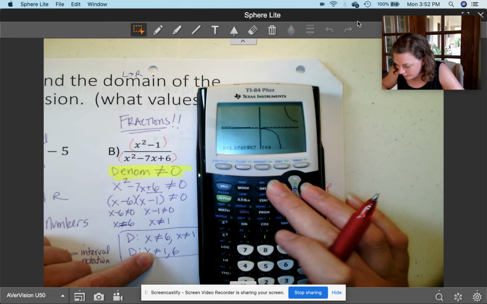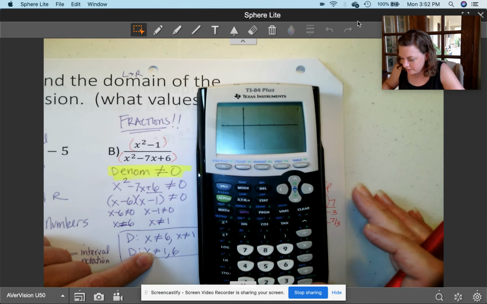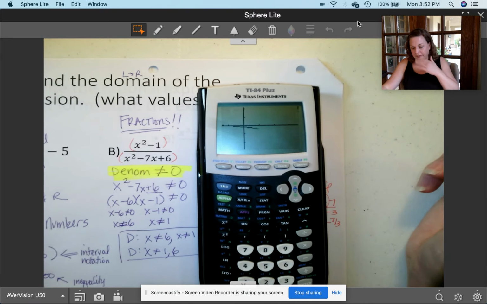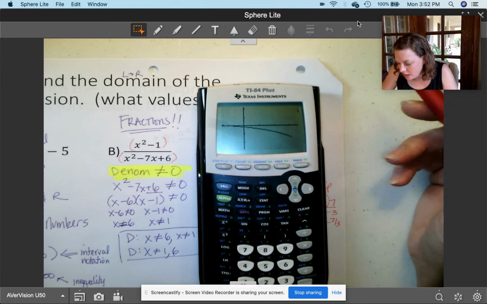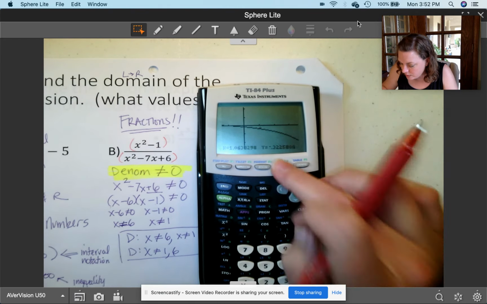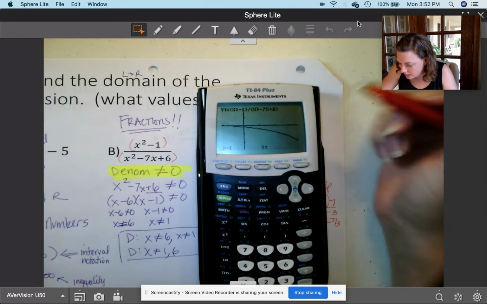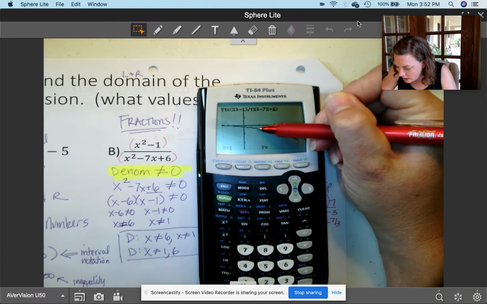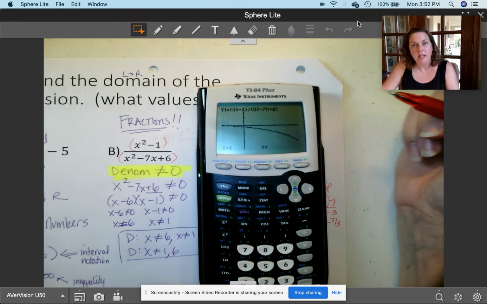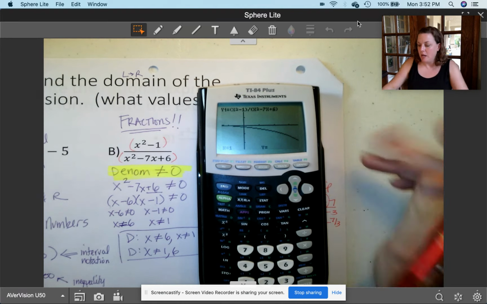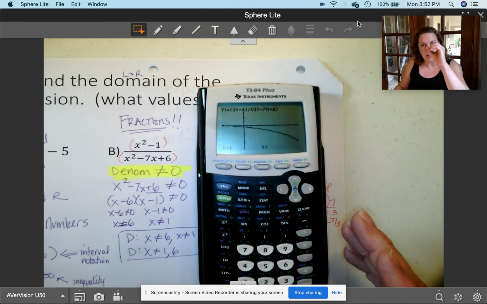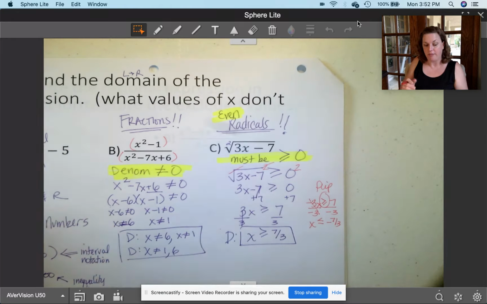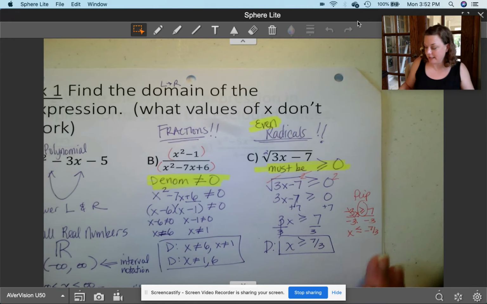I'm going to just move my cursor to 1, so I'm a little closer. You can't really see it, but if I do trace 1 here, it's undefined. There's a hole in the graph. I don't know how close I have to zoom in, but there's a gap, a little hole in the graph, which we'll talk more about a little bit later.